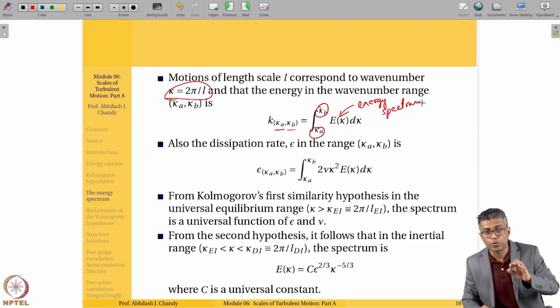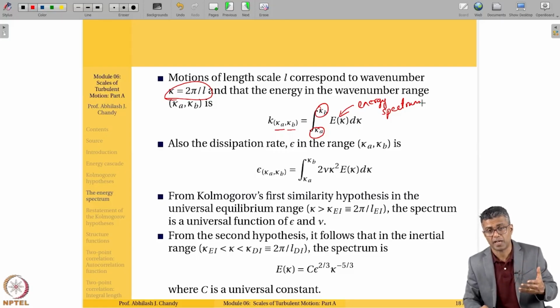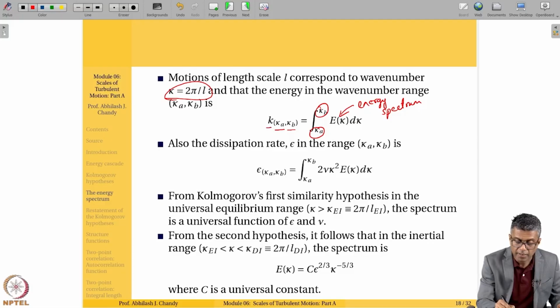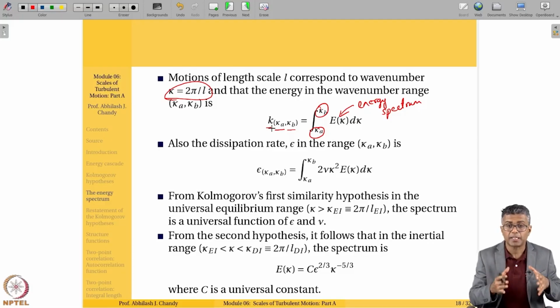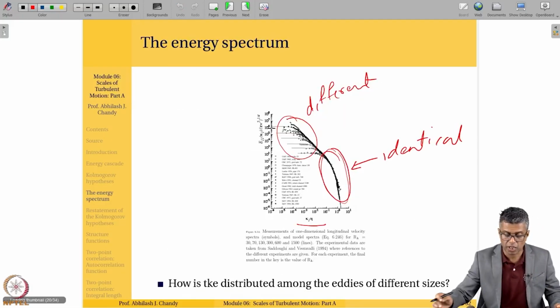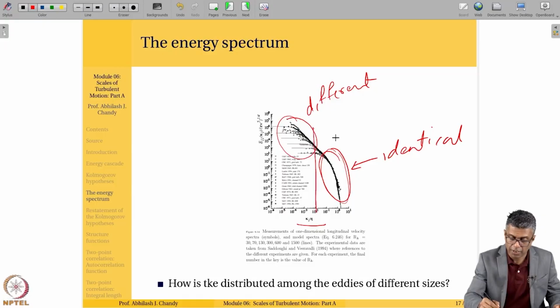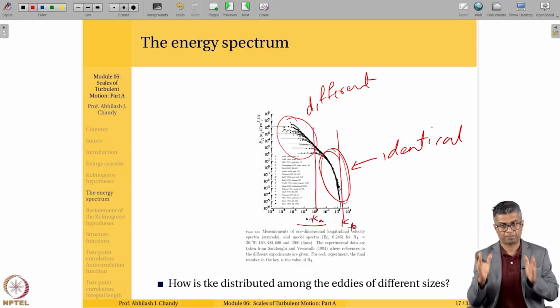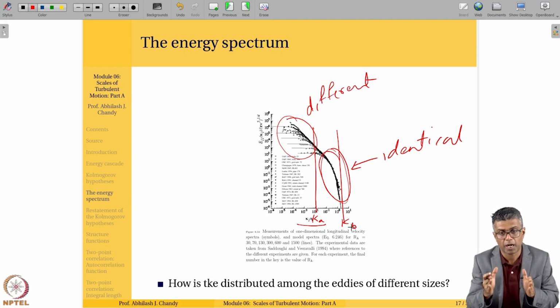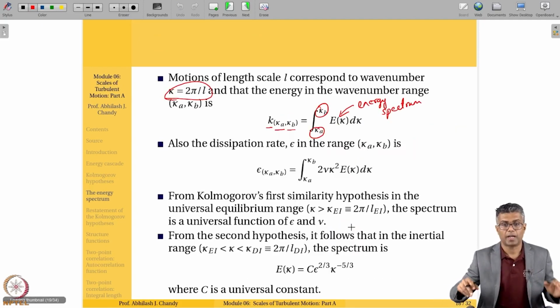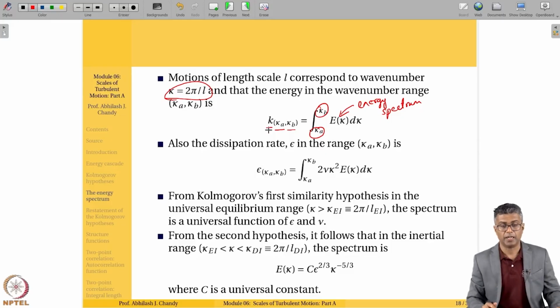The symbol that I have used on the slide is kappa, and I am just referring to it as K. But this K, the turbulent kinetic energy within the range kappa_a to kappa_b, is obtained by integrating the energy spectrum function from kappa_a to kappa_b.